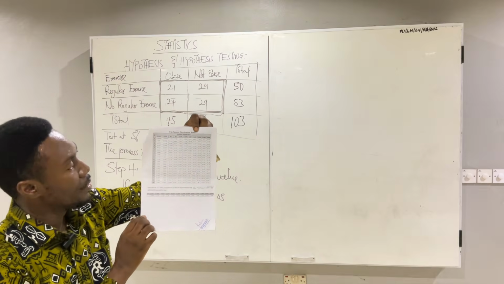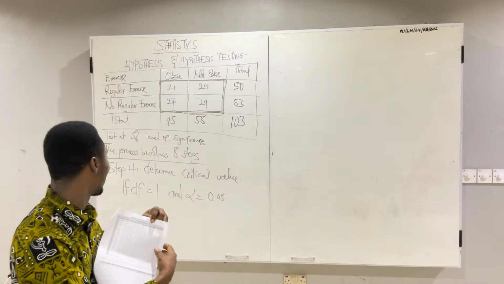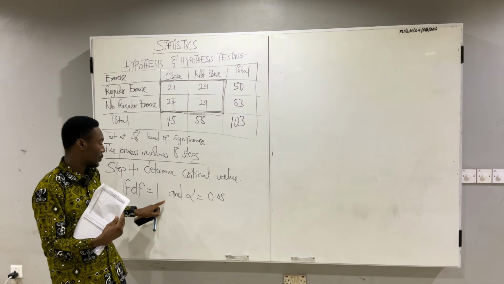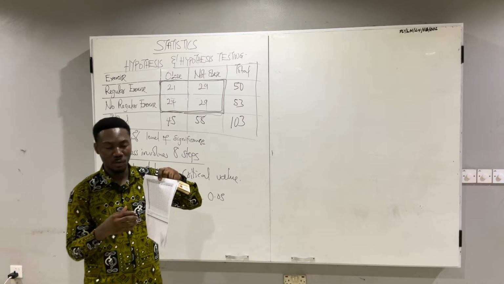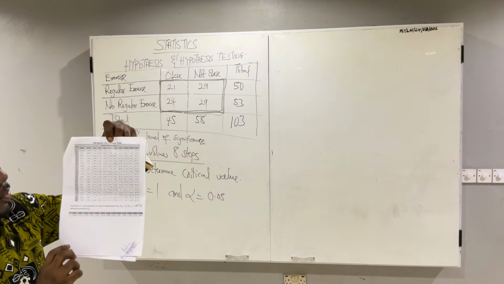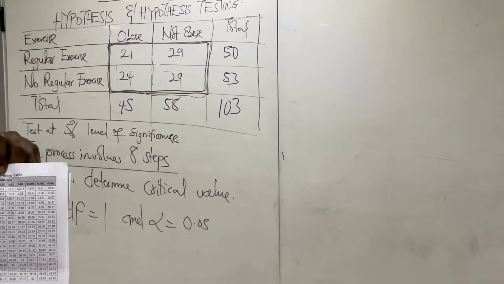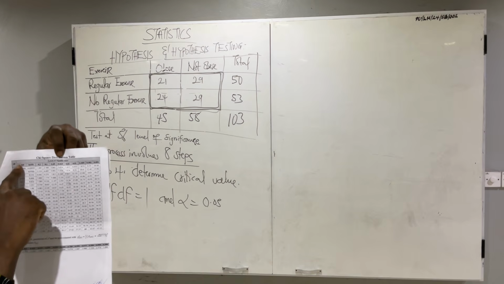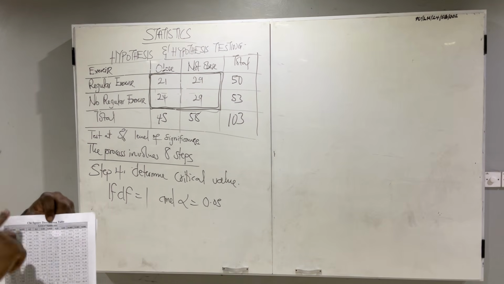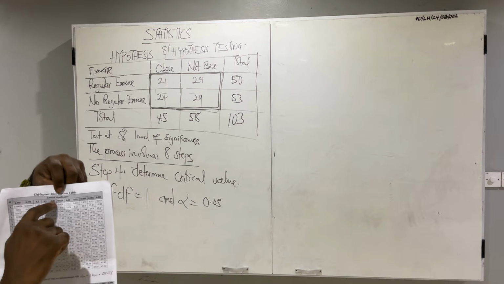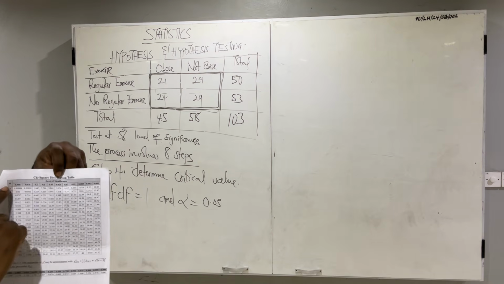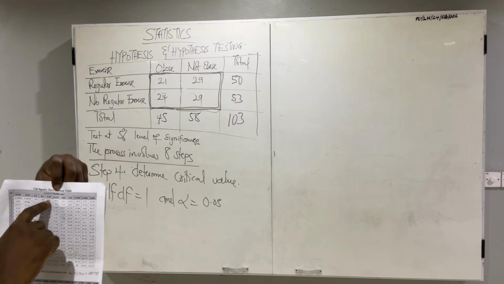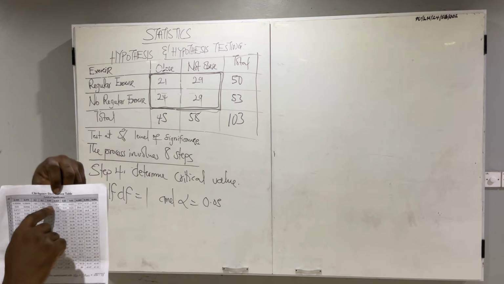On the table, we have the df on this column, and this is where we have the significance level. The significance is 0.05 here, and the df is equal to 1. So you match where df 1 meets 0.05, and that is 3.841.